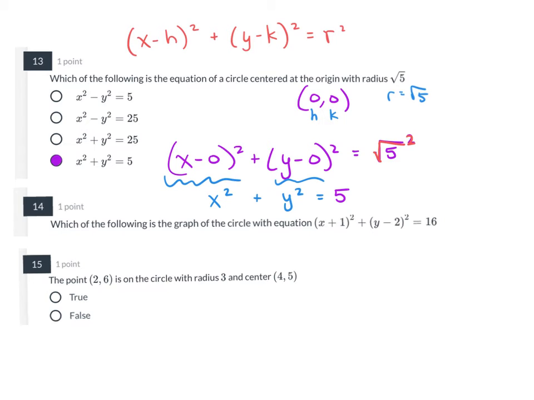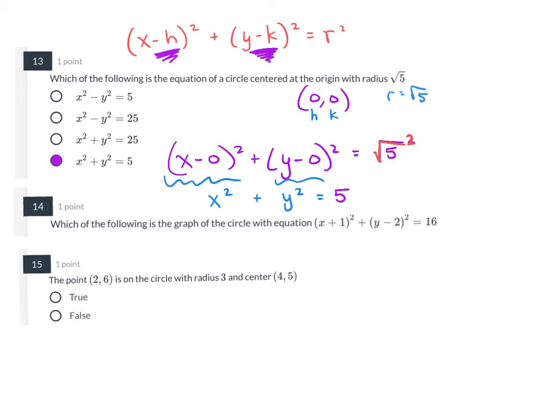Next question. Which of the following is the graph of the circle with the equation? So, all right, remember how the form had a minus h and a minus k. That basically says that h is the opposite of whatever you see here, and k is the opposite of whatever you see there. The negative sign is kind of like the word opposite.